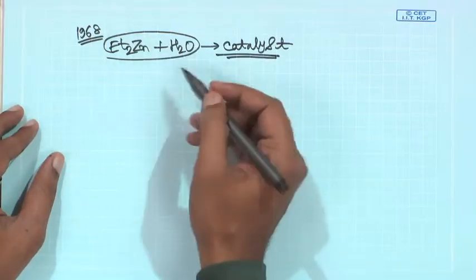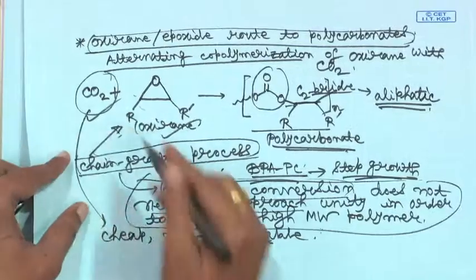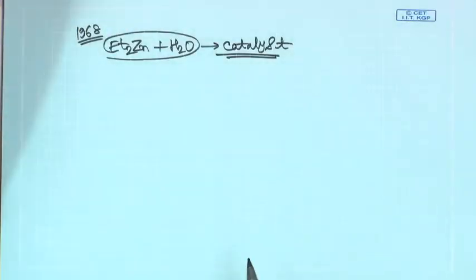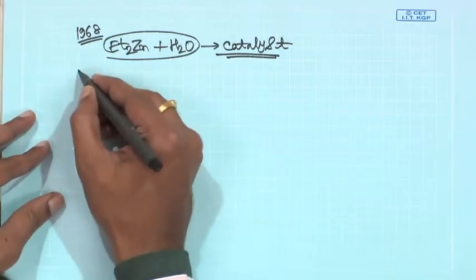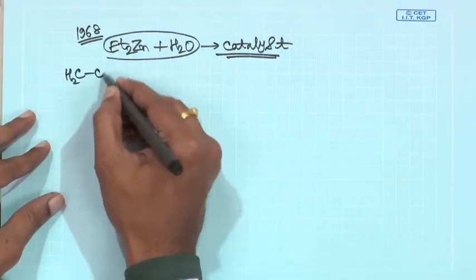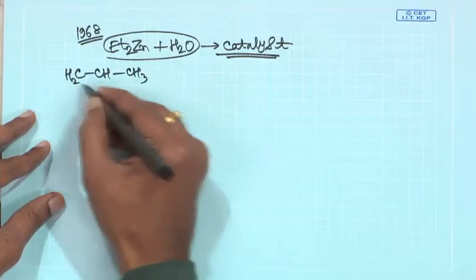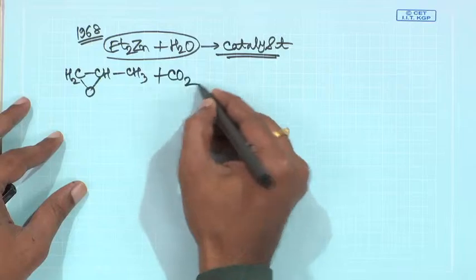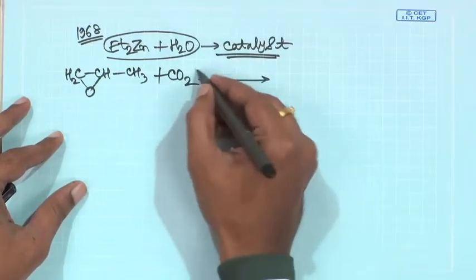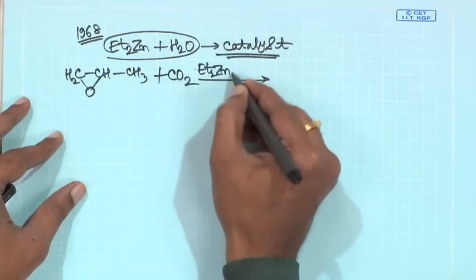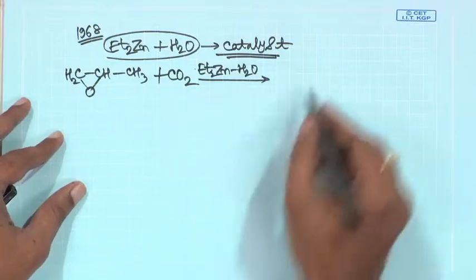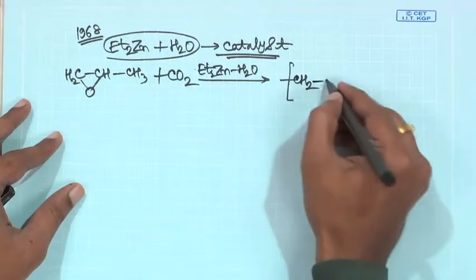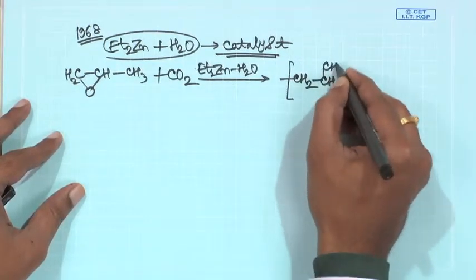And so you have two reactants, one is carbon dioxide, one is an epoxide, and the epoxide that was used was propylene oxide. So, the propylene oxide reacts with carbon dioxide in presence of a catalyst, more about that later, the diethyl zinc water equimolar mixture, and then you get your aliphatic backbone based polycarbonate.